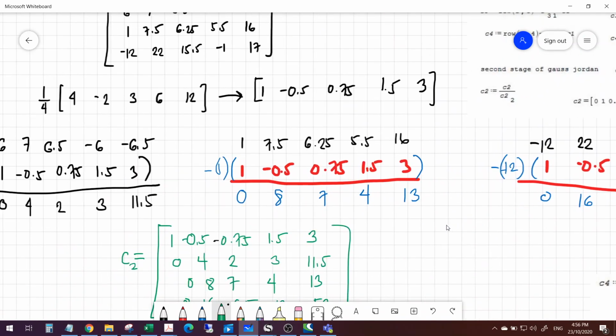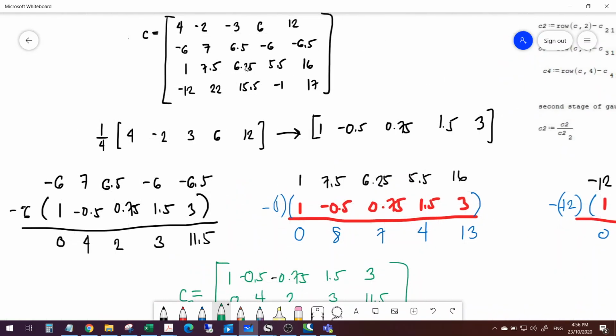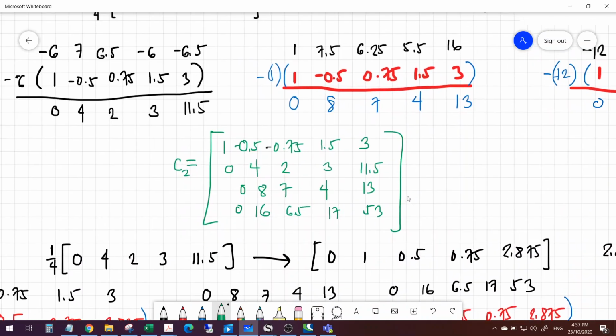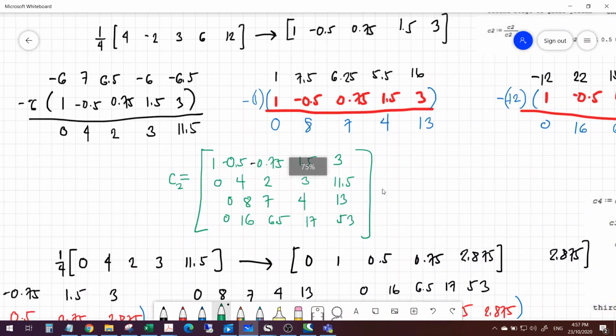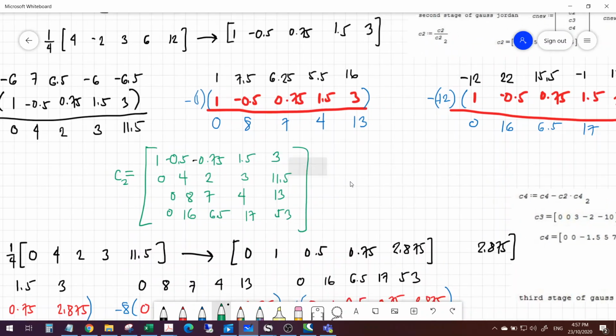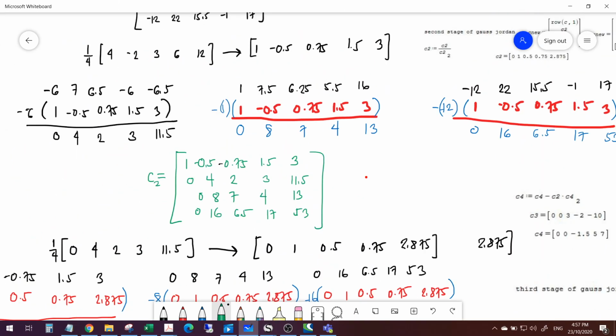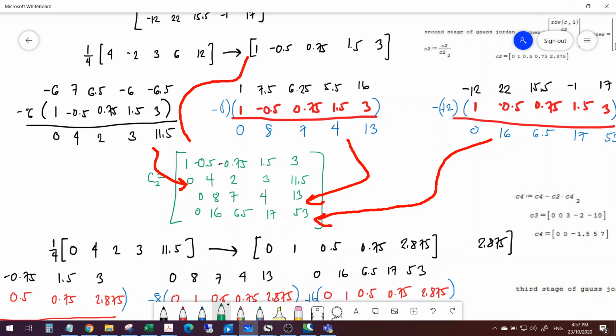Now we will update our C matrix. Our C matrix will now be this. We simply have to merge or insert all those transformed rows. So this one is here, this one is this, while this one is the normalized row here.